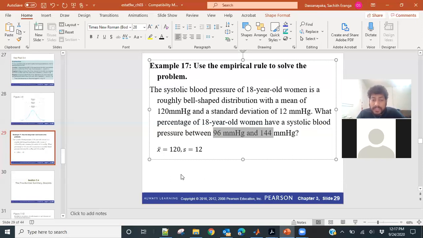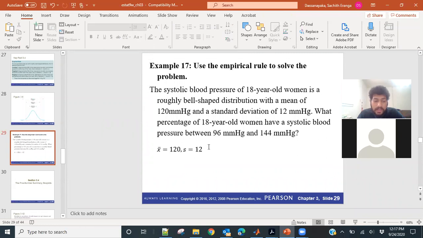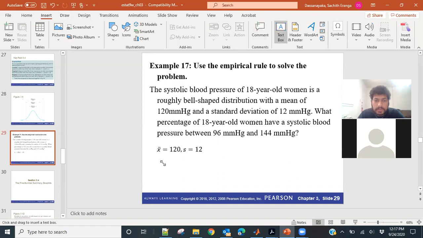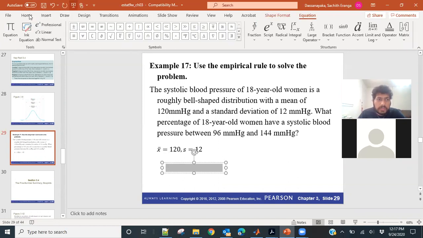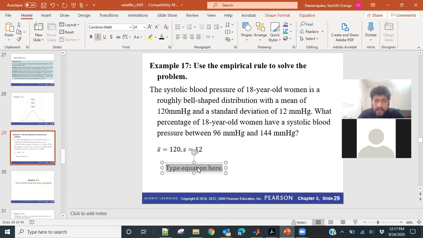So you have to check that first. You have X bar and S, so you can check. Do you remember one standard deviation is X bar plus or minus S? So 120 plus 12, X bar plus 12.